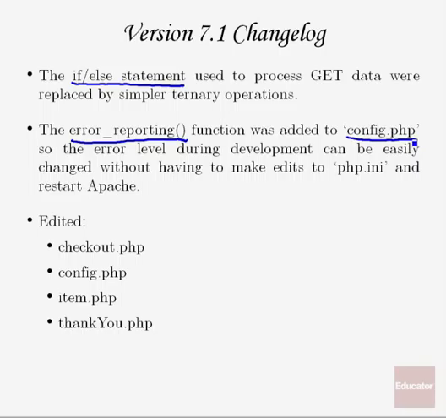And it does it in an easy way because we don't have to edit php.ini and we don't have to restart Apache. So in this one we're actually going to be editing the config.php to add the error reporting, and then in these three here we're going to be updating the way the get variables are processed to use ternary operators.